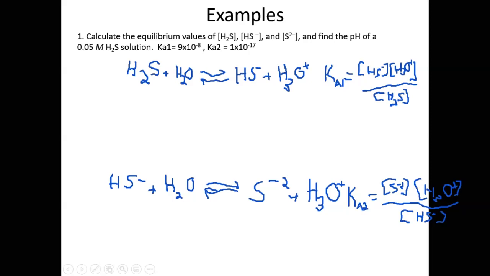We're going to do the ICE table for the first step. Because remember, we're approximating that all the hydronium ion concentration comes from the first step. So we go initial, change, equilibrium.